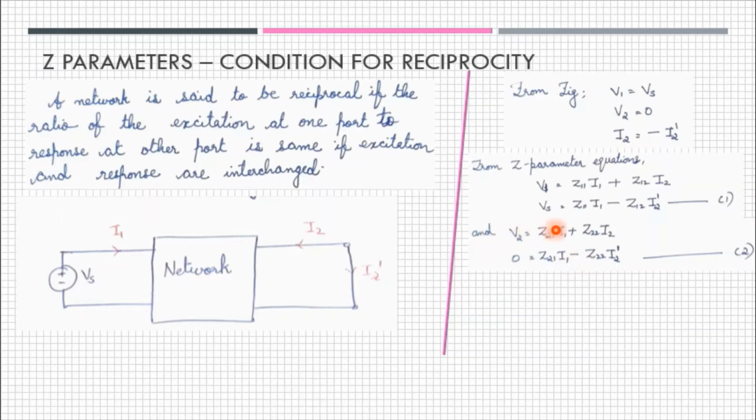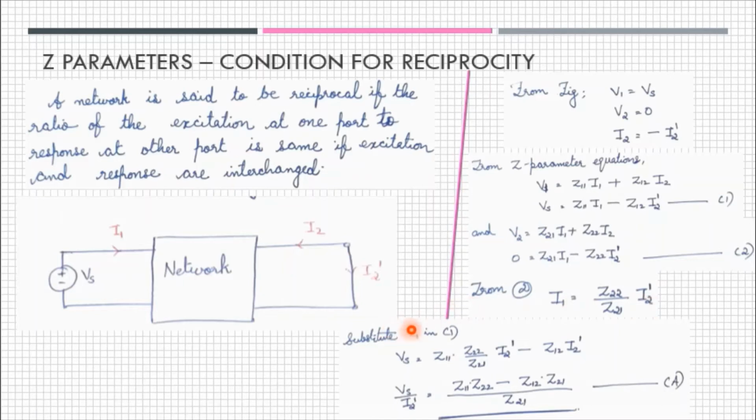And the second Z parameter equation is V2 is equal to Z21 I1 plus Z22 I2. Here substitute the values for V2 and I2 from here. So we will get this relation. 0 is equal to Z21 I1 minus Z22 I2 dash. From the second equation, we can write I1 is equal to Z22 by Z21 I2 dash.